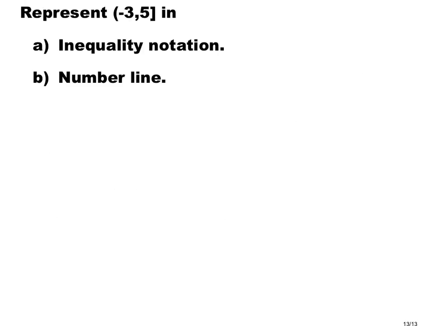In the next example, we are supposed to represent (-3, 5] in inequality notation. In inequality notation, it's going to be, let's say, x is less than or equal to 5, greater than -3. Again, we don't have an equal sign here because this is an open bracket.